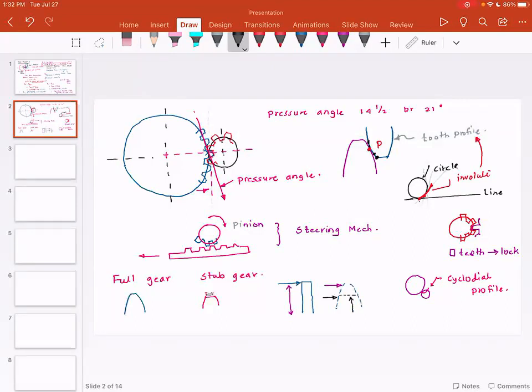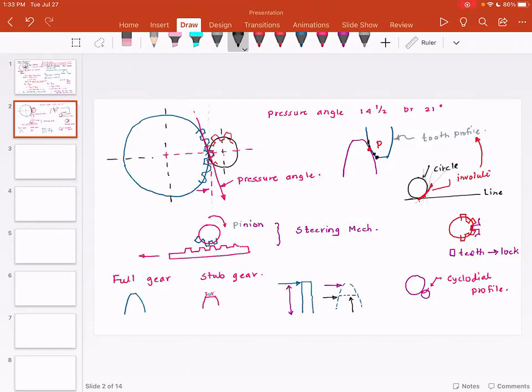When the lever arm is short, what it means is the amount of torque or amount of moment that is on the base of the gear is less. In other words, the gear is stronger. So that's why the stub teeth or stub gears are stronger.